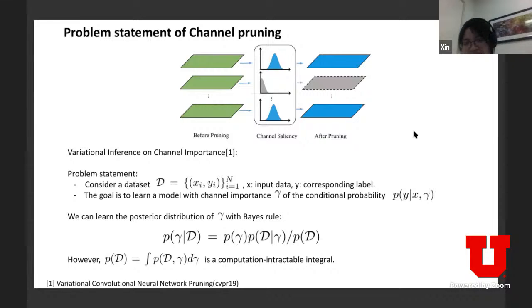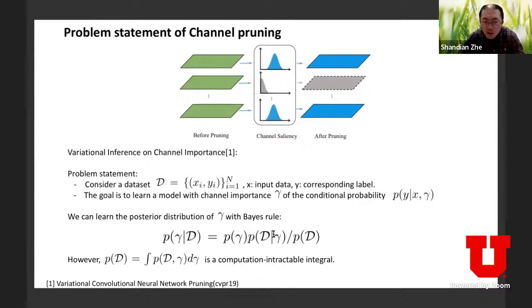Yeah. How do you evaluate the likelihood, like P(Y given X and gamma)? Gamma is the scaling factor, right? How do you compute its value given gamma? P(D given gamma), right? Actually, if gamma is known, it's just like a Gaussian likelihood or cross entropy, Bernoulli or categorical likelihood.